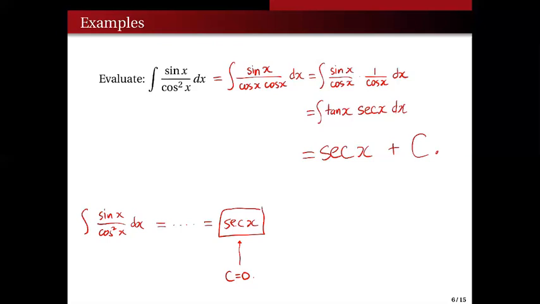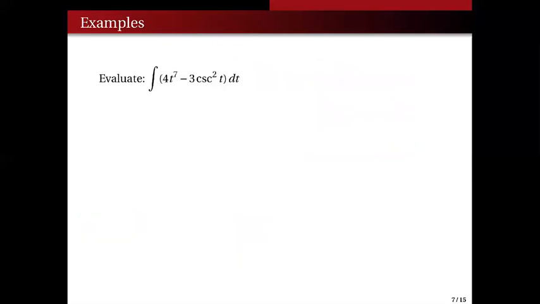Let's see. Next problem here. The integral of 4t to the 7 minus 3 cosecant squared t dt. If we follow our formulas here, this becomes 4t raised to 7 plus 1, divided by 7 plus 1.